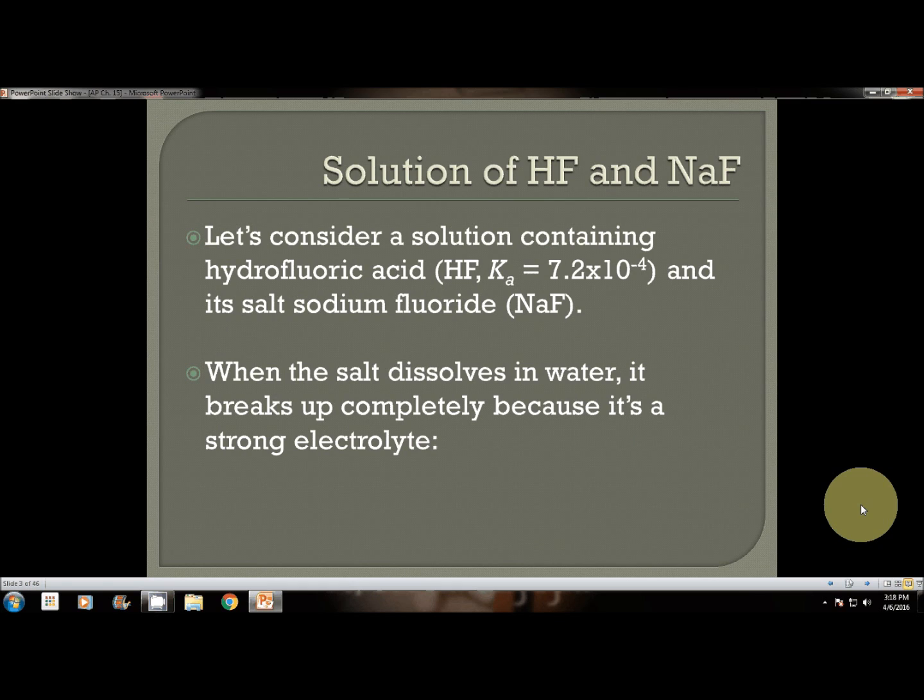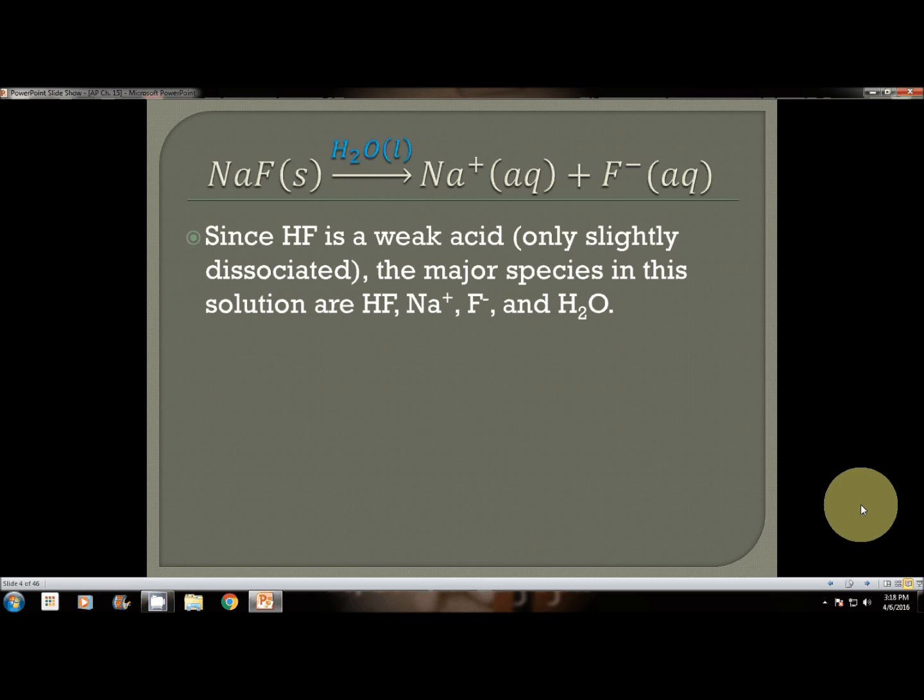So let's consider a solution containing hydrofluoric acid, whose Ka is 7.2 times 10 to the negative 4, and it also has in the solution its salt, sodium fluoride. When the salt completely dissolves in water, it breaks up completely because it's an ionic compound, and we know it's a strong electrolyte. So it breaks up into the sodium ion and the fluoride ion.